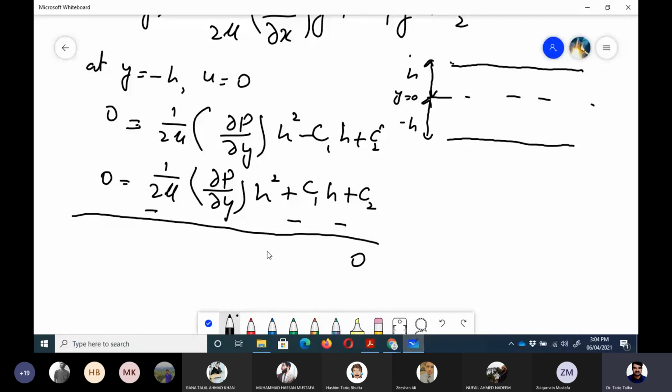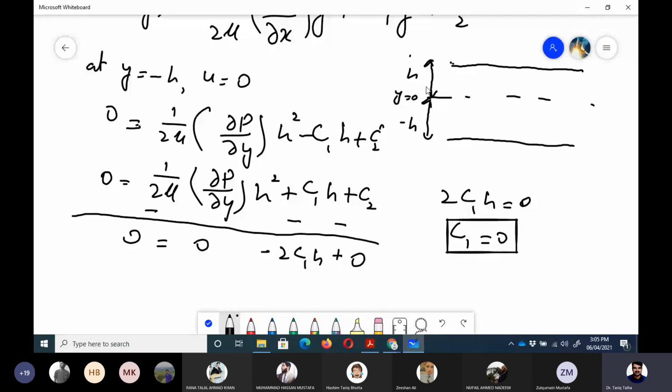Here we would have minus 2c1h on one side and 0 on the other, so 2c1h is equal to 0. h is a finite value, it cannot be 0, and 2 is not equal to 0. So c1 is equal to 0 because h is a finite length.